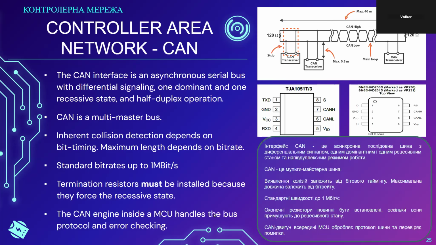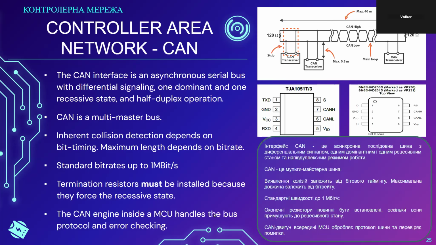Because of this, the maximum length of the CAN bus connection depends on the bit rate. What I mean here is, if you have a very high bit rate, for example the maximum speed that standard CAN is rated for, which is 1 megabit per second, the maximum length of the CAN bus is just a few meters.